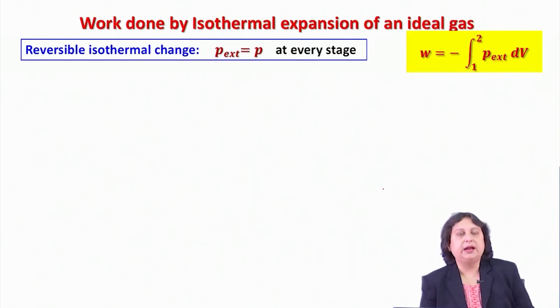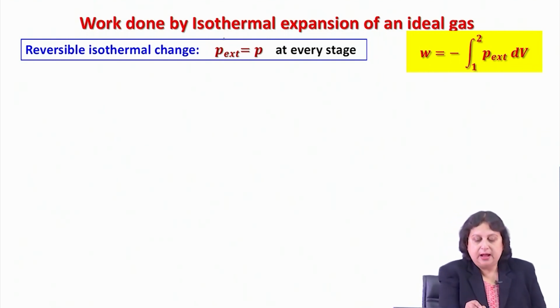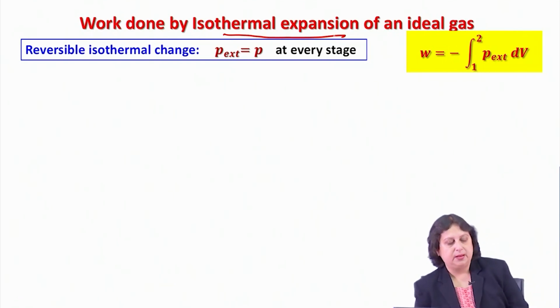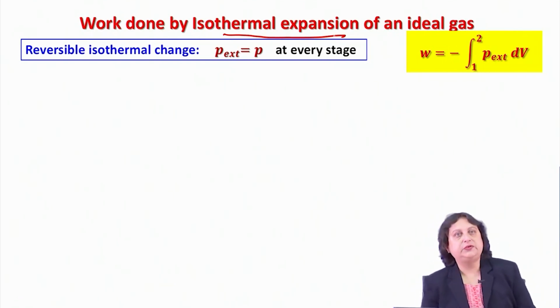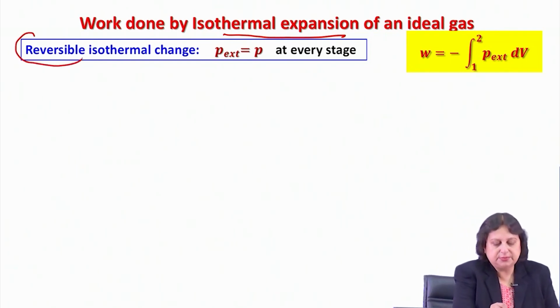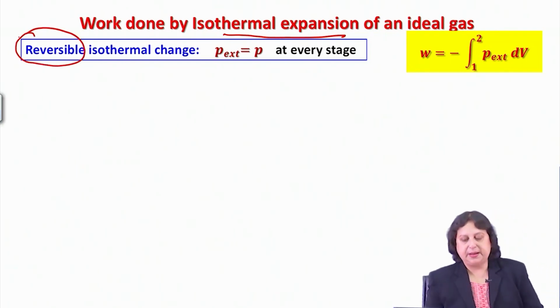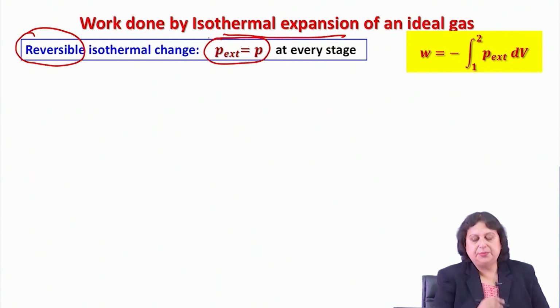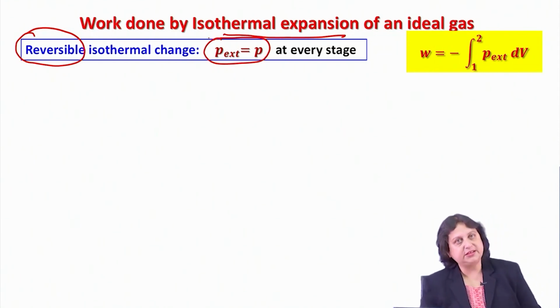Now let us have a look at what is the work done by an isothermal expansion of an ideal gas. I would like to start first by looking at a reversible isothermal expansion. As you understand, by definition, a reversible change will require the P external to be equal to the pressure of the gas at every stage.